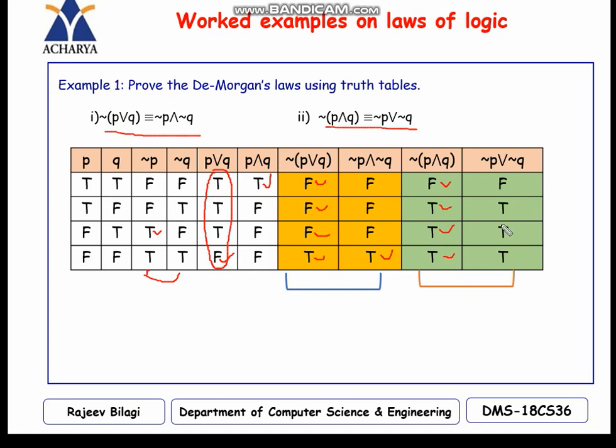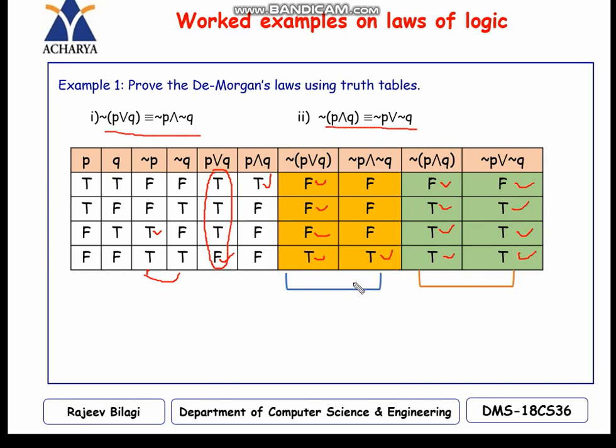This one will be true, this one will be true, this one will be true, and this is false. Now if you look at the truth values of negation of P or Q, I have marked them here. They are logically equivalent because the truth values of negation of P or Q, and negation of P and negation of Q are the same.